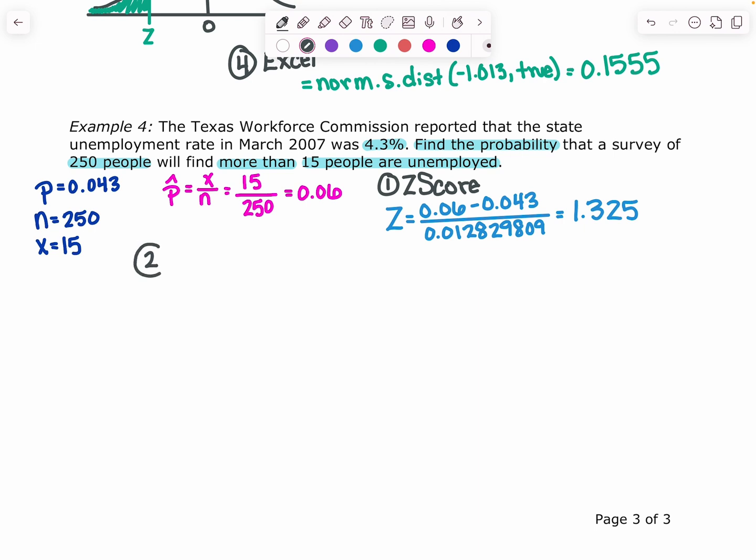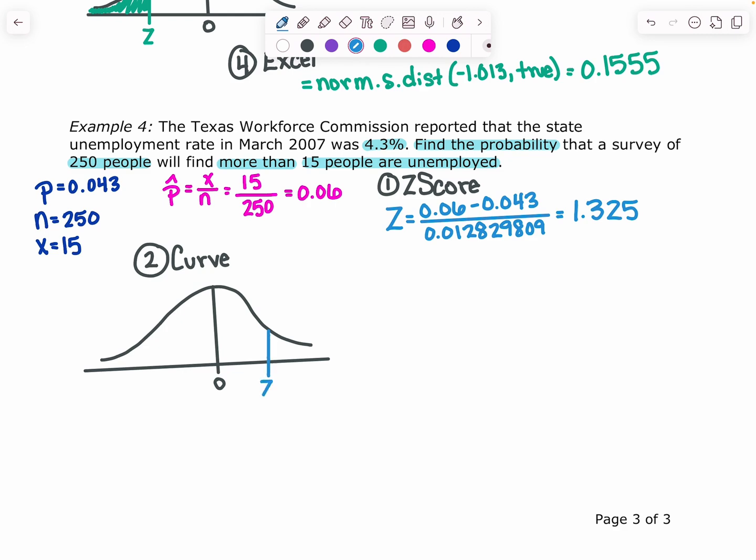Step 2 is to draw my curve. That one's just a little lopsided, but that's okay. Not looking for perfection. So 1 standard deviation plus a little bit more.